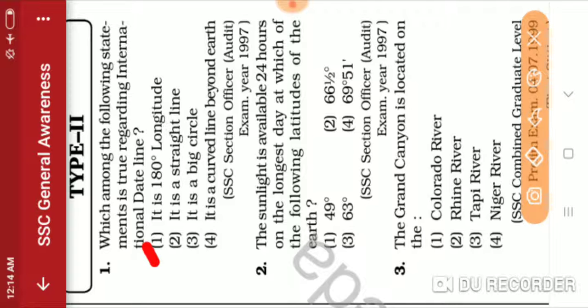Sunlight is available 24 hours on the longest day. I think it will be on 66.5 degree.